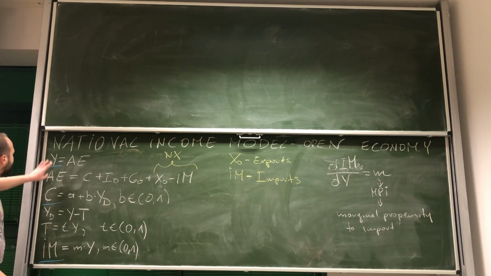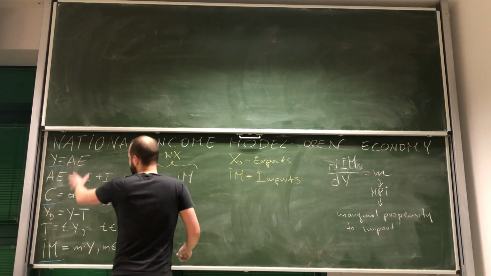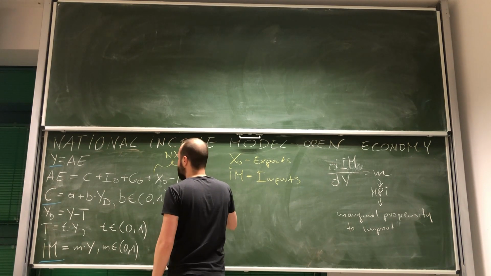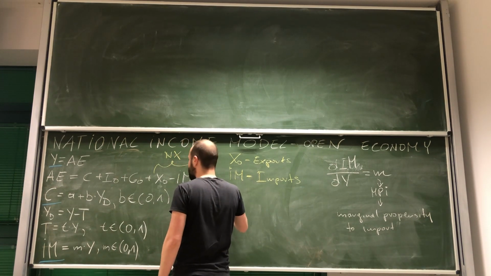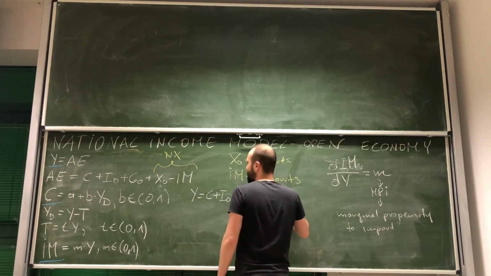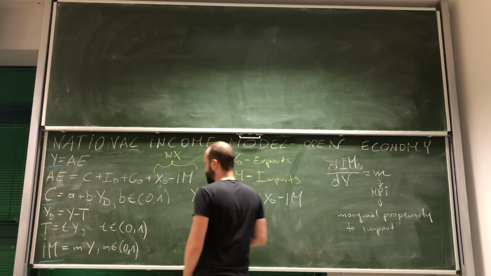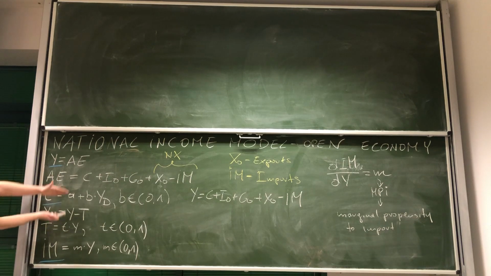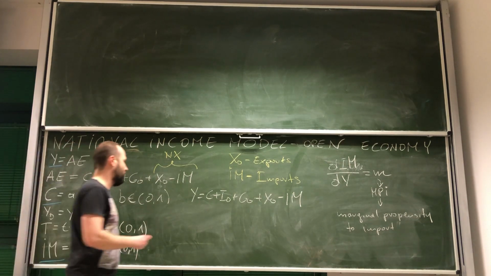So first I'm going to put these 2 equations together, using the equilibrium condition. So we've got y equals c plus I0 plus G0 plus X0 minus IM. Then I'm going to take this equation, substitute for t, and then take this equation and substitute for yd, making these three equations into one.